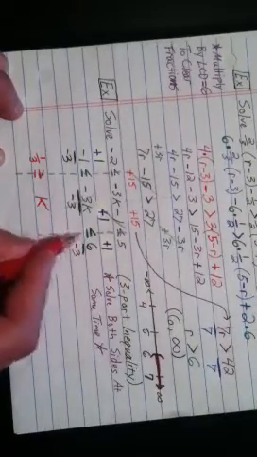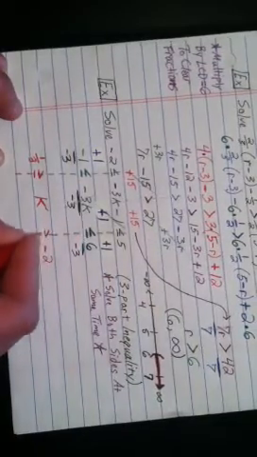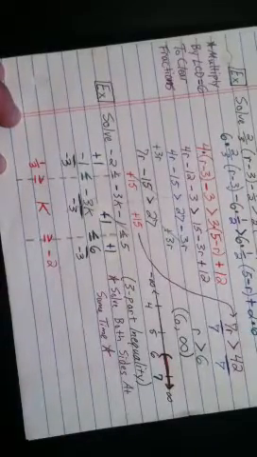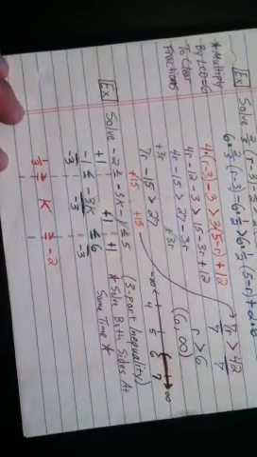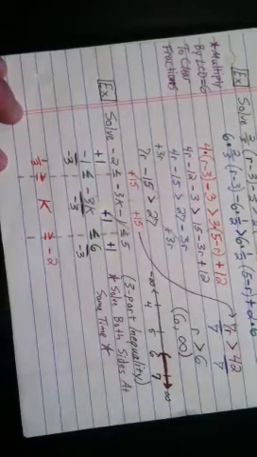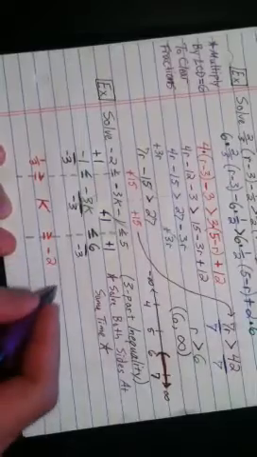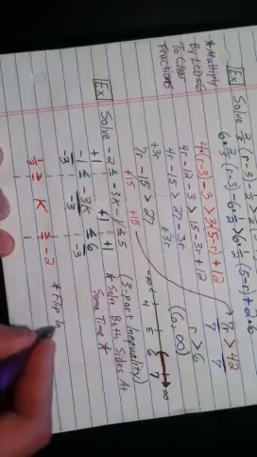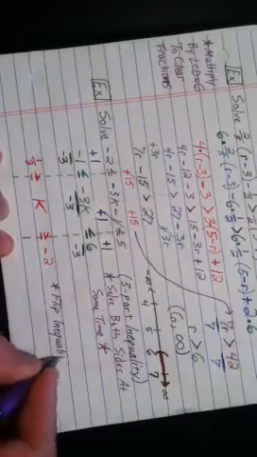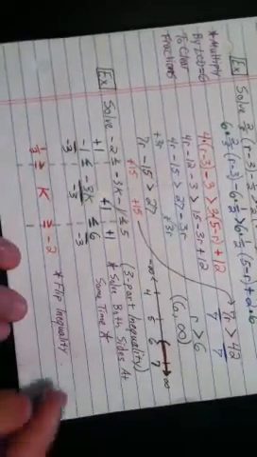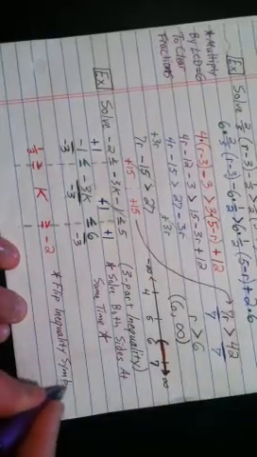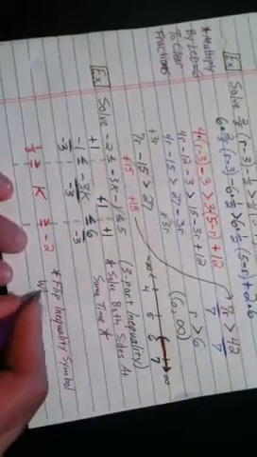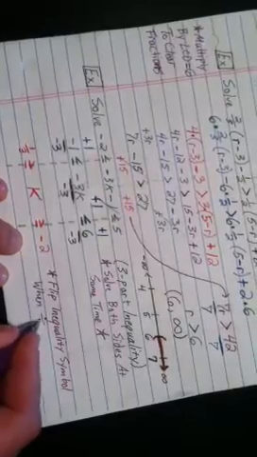Instead of a less than or equal to symbol here, it would become a greater than or equal to symbol. So maybe make a note of that as well. Once again, we flip the inequality symbol whenever we divide by a negative.